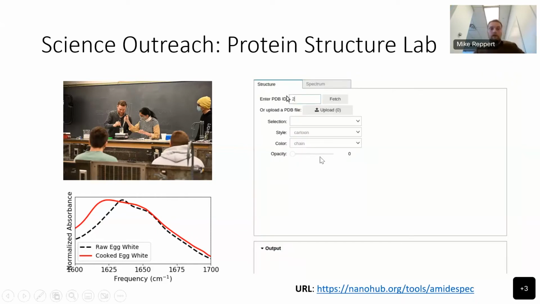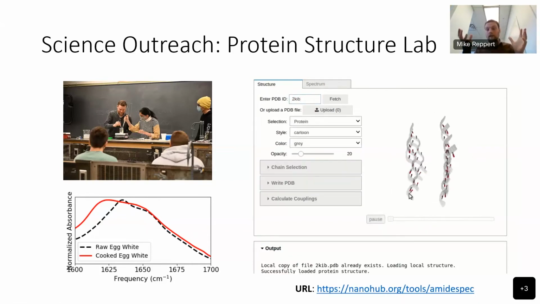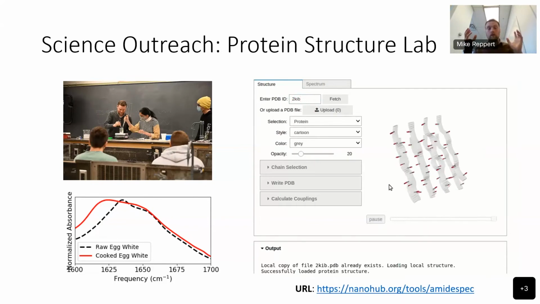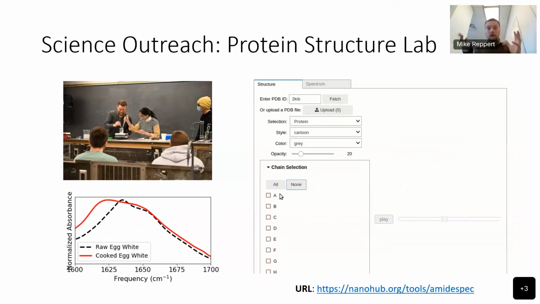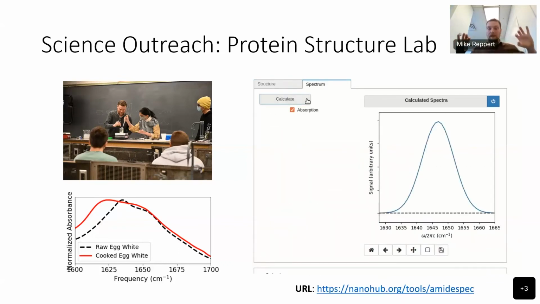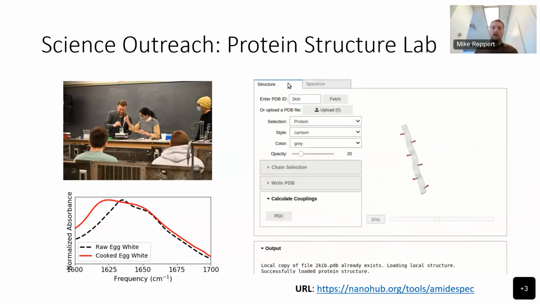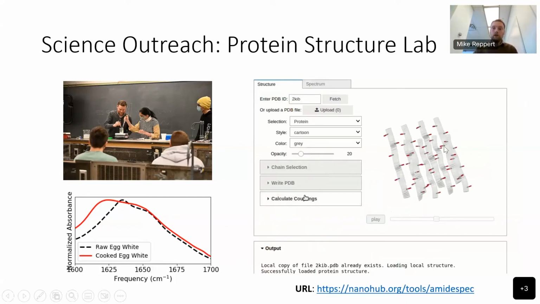Okay, and that's exactly the same kind of shift that you see experimentally when you go from the raw egg to the cooked egg. And this is in fact exactly what's happening in the egg. When you're cooking the egg, the proteins are getting denatured, and you go from proteins that were folded in many different shapes, alpha helix, beta sheets, but generally smaller structures in the size of one protein, into these long beta aggregates where many proteins are collapsing together and forming these big multi-domain structures like shown here in the visualization window.